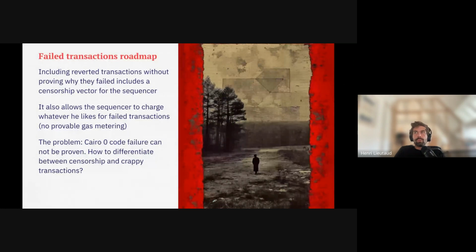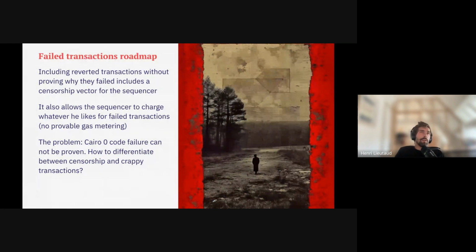It's not possible to prove a failed execution in Cairo 0, and it's possible to prove a failed execution in Cairo 1. Now, the fact that for Cairo 0 transactions you can't prove that they failed means that you have to resort to the design I've explained above. You have to resort to the sequencer saying, well, I can't execute it, but I can't prove that I can't execute it, so I'm the sequencer, you'll just have to trust me.